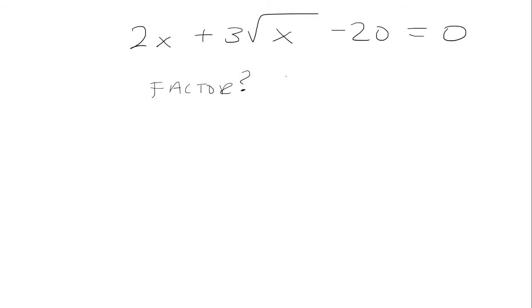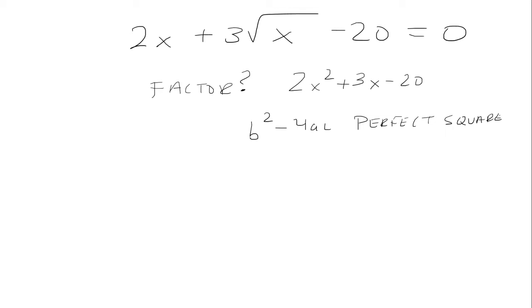Let's see. Pretend it was 2x squared plus 3x minus 20. To see if you can factor it, we have to do the discriminant, which is b squared minus 4ac. This has to be a perfect square. If it's not a perfect square, we're going to have to use a different method.